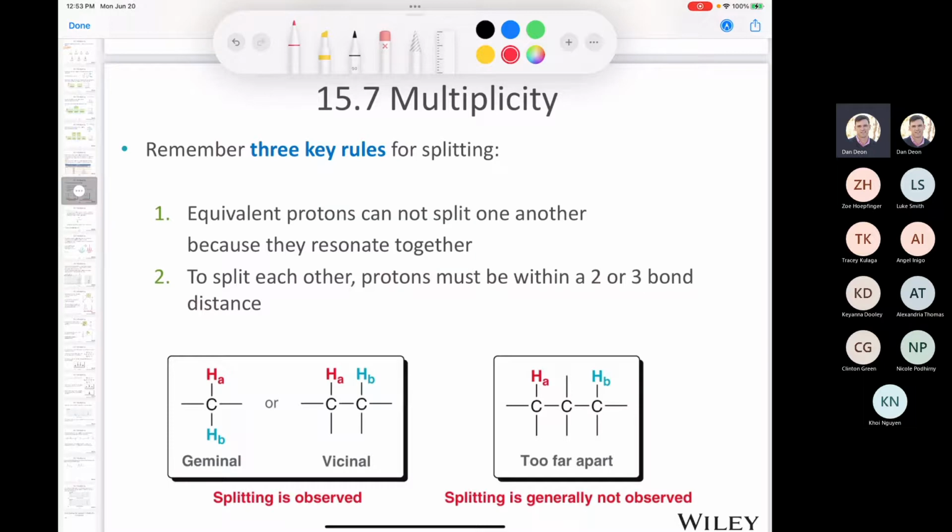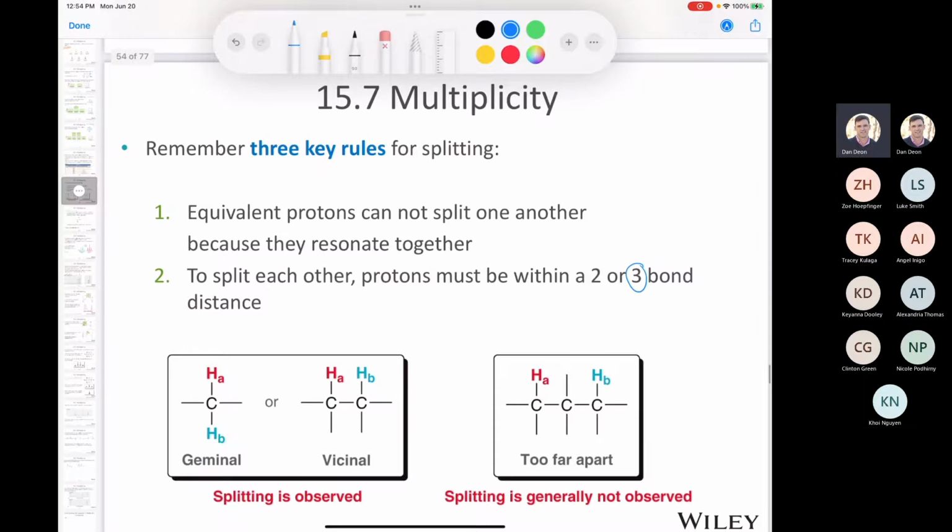The next rule is that to split each other, the protons have to be within a 2 or 3 bond distance. Most of the time in this class, we're going to stick with 3 bond distances. Protons that are 2 bonds away, attached to the same carbon, we call geminal, like Gemini, for twins. If they're 3 bonds away, 1, 2, 3, we call them vicinal.